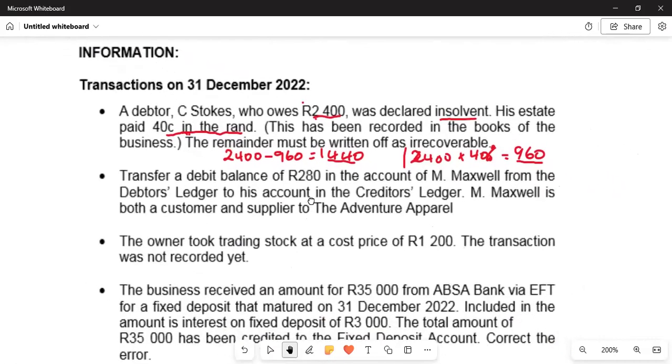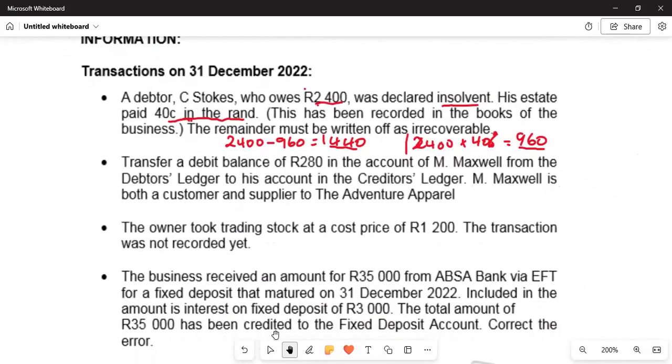To our second transaction: transfer a debit balance of 280 in the account of M. Maxwell from the debtor's ledger to his account in the creditor's ledger. M. Maxwell is both a customer, very important, and a supplier to Adventure Apparel.